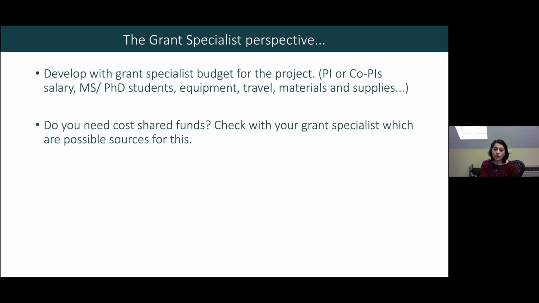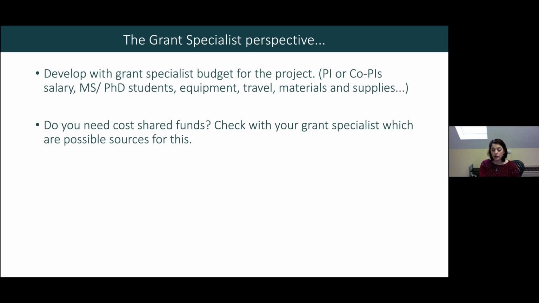Some of the things that are also detailed in the guidelines are whether there are cost-shared funds, and whether the sponsor will give you money if you place some effort towards it. Sometimes you need to find effort funding from the university or the institution you're working with, and sometimes you don't. The grant specialist will help you see that information within the guidelines.